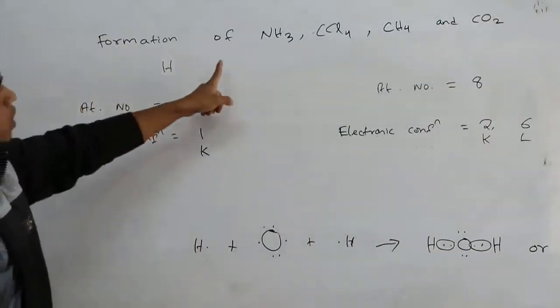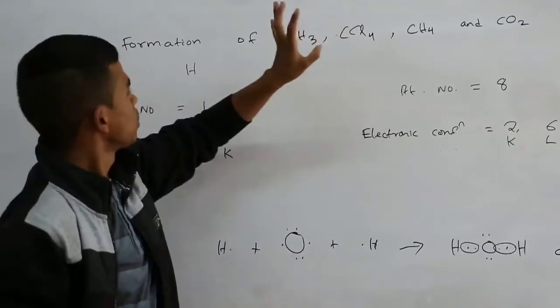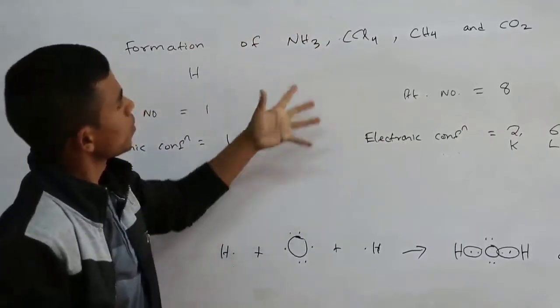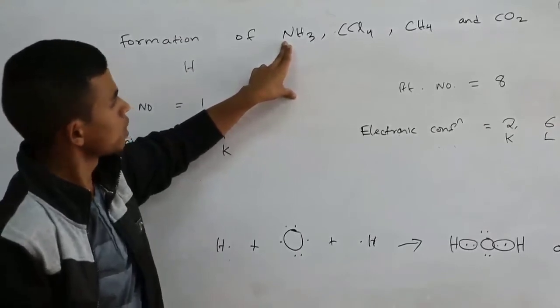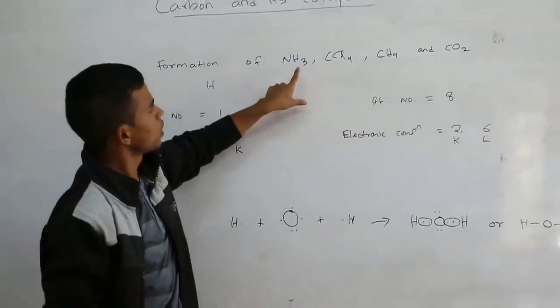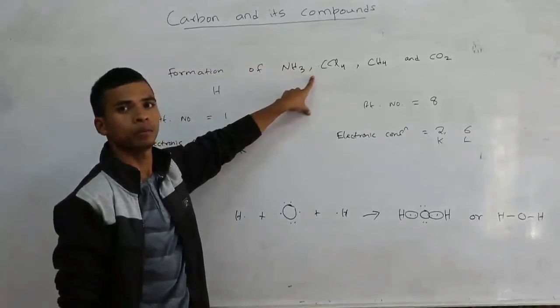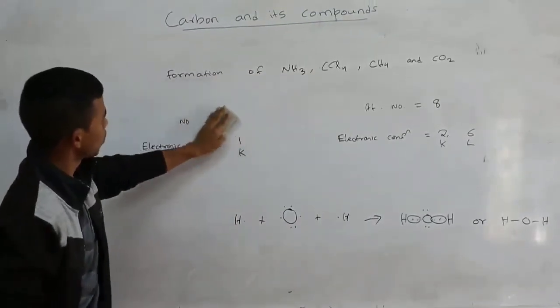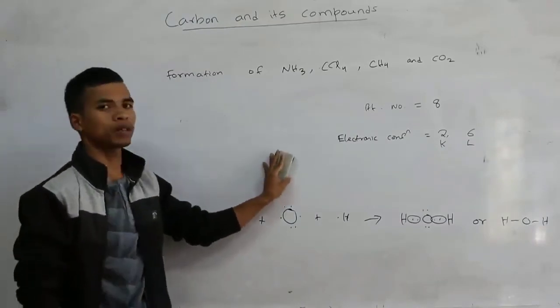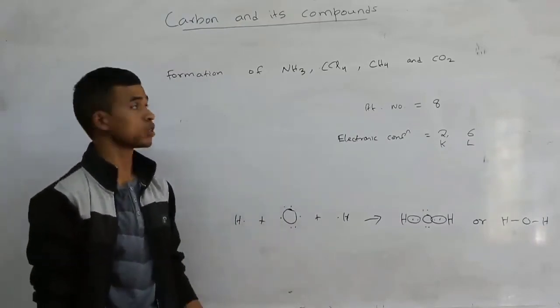For these molecules, we do the same way, but the electron pairs that will be shared will be in a different way, but it will be in the same manner. So in this case, now we will move on to some properties of covalent compounds.